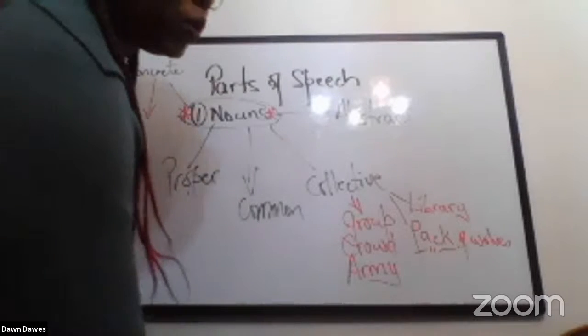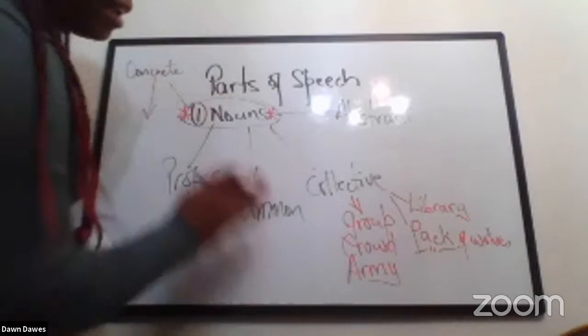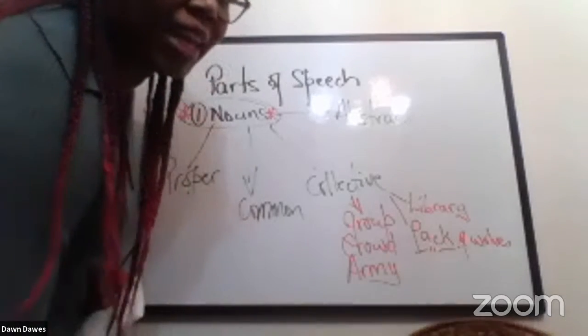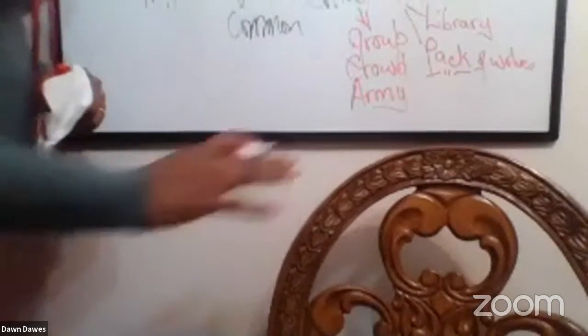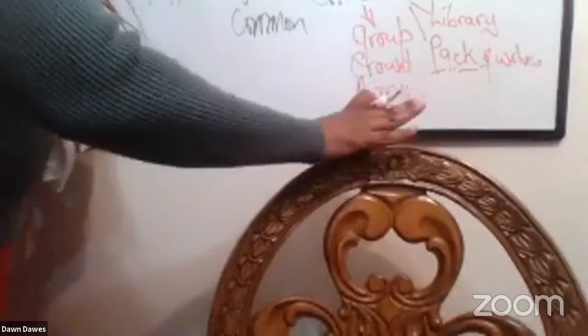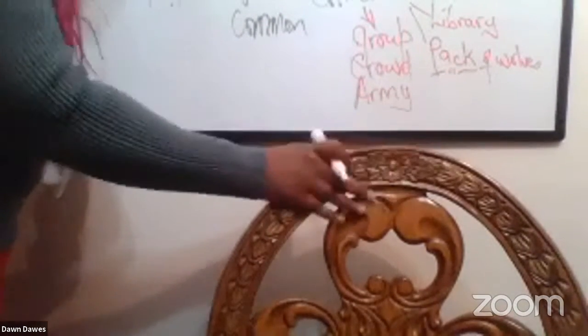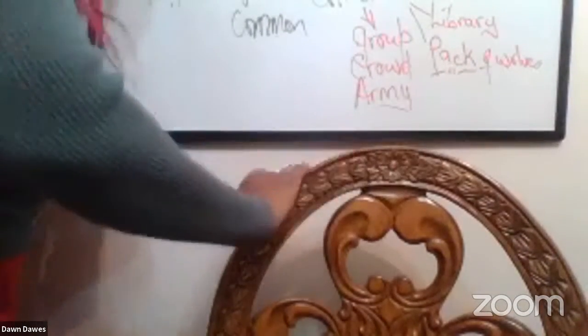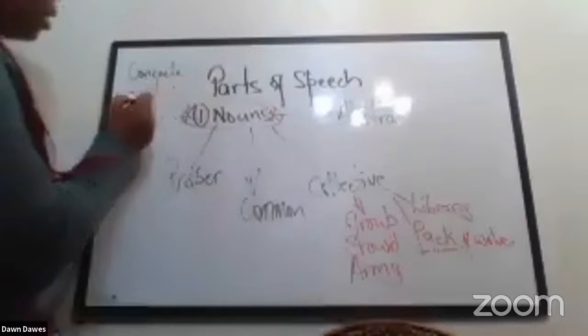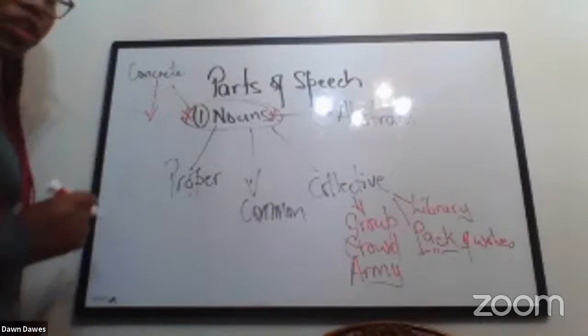But when we think about both categories and we're talking about something like, let's say, this chair here, we would place this because it's something that you can hold, touch, all of that. So something like that, we place it in the category of being a concrete noun.